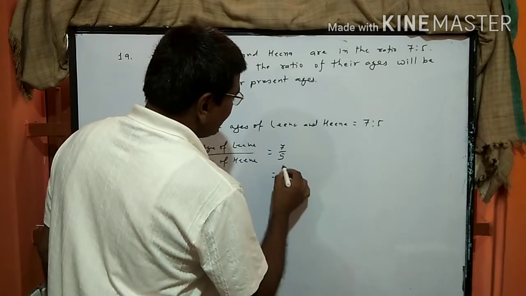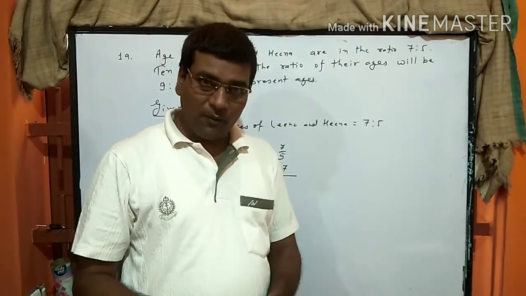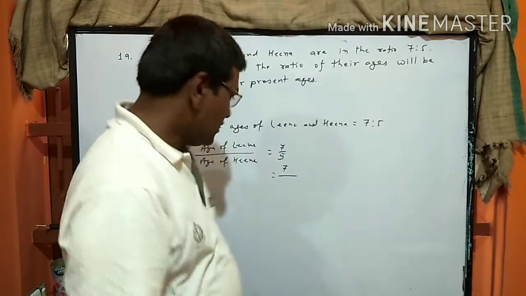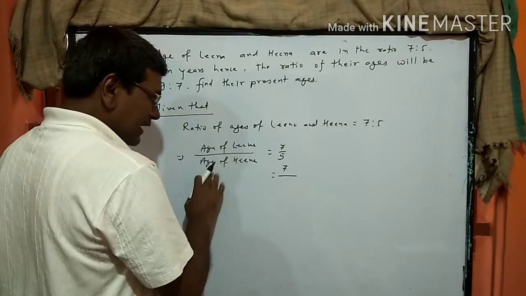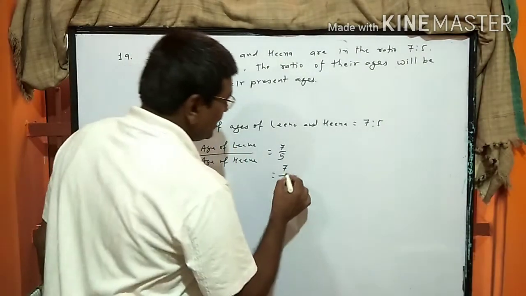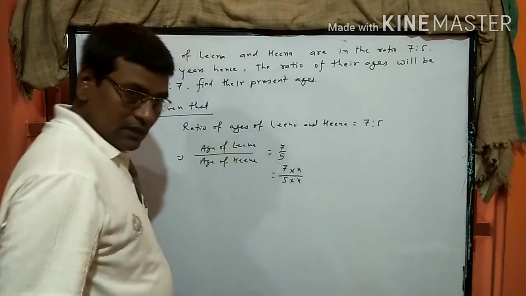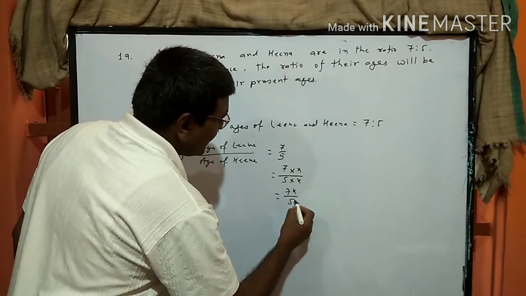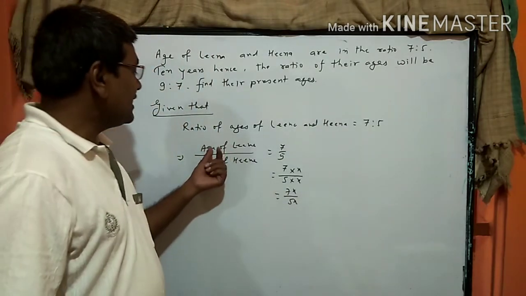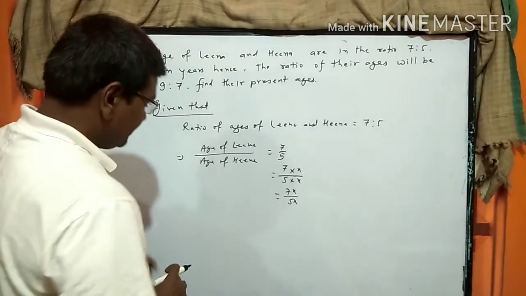And you know that ratio is written in the simplest form, smallest form. So we don't know the exact age of Leena and the exact age of Hina. We can multiply here by x. Then it will be 7x by 5x. That means we can take age of Leena 7x and age of Hina 5x.